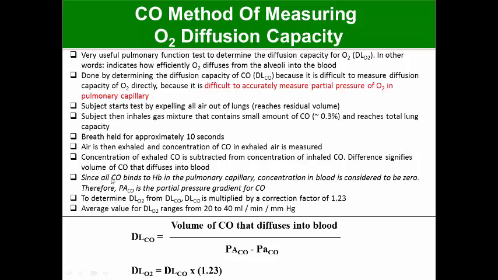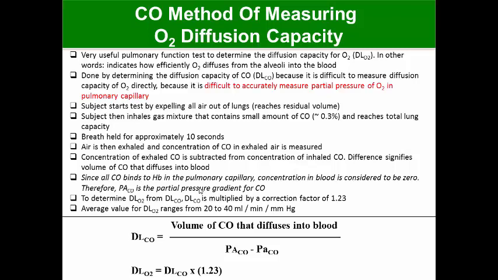Okay, and we mentioned that all carbon monoxide binds to hemoglobin, so the concentration of carbon monoxide in the plasma is considered to be 0. Thus, the partial pressure of carbon monoxide in the alveolar air is essentially the same as the gradient, since there is no partial pressure of carbon monoxide in the blood.